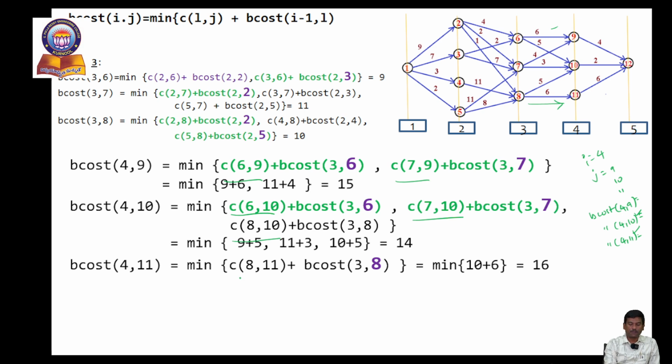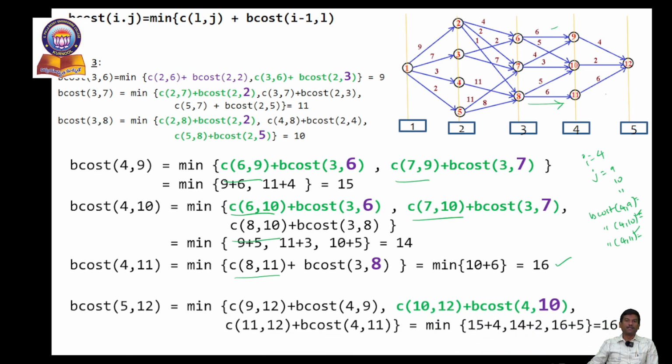So there is only one part, c of 8 comma 11, plus replace the value of i minus 1, that is 4 minus 1 equal to 3, and the value of L, the vertex connected to 11, that is 8, that is bcost of 3 comma 8, and you get the minimum cost to be equal to 16.